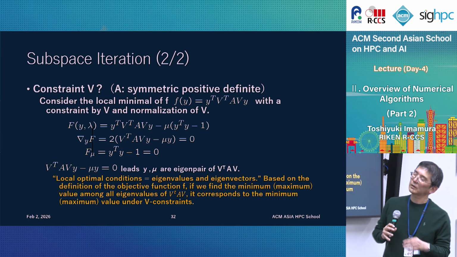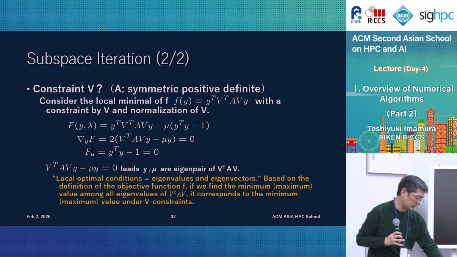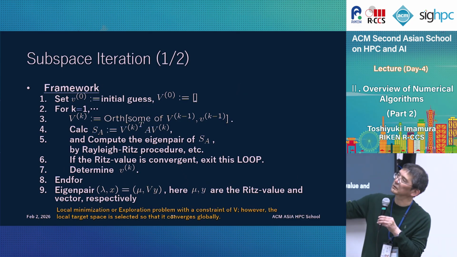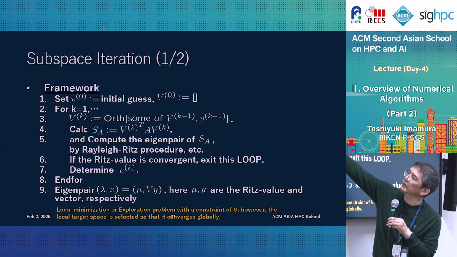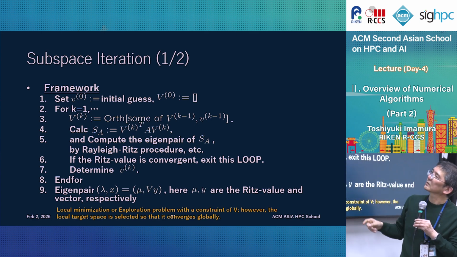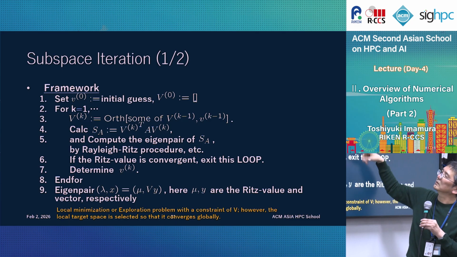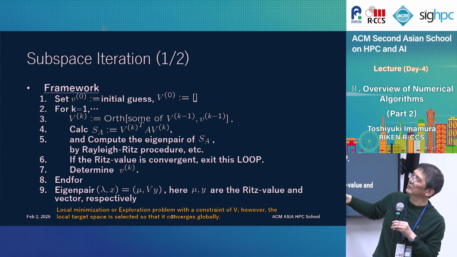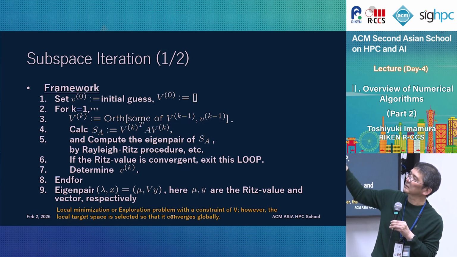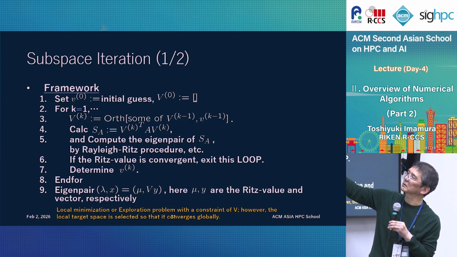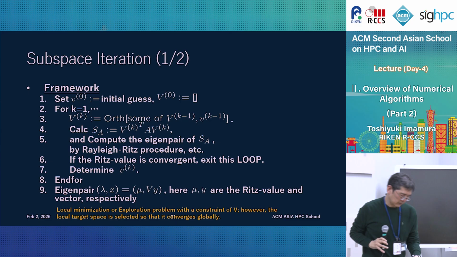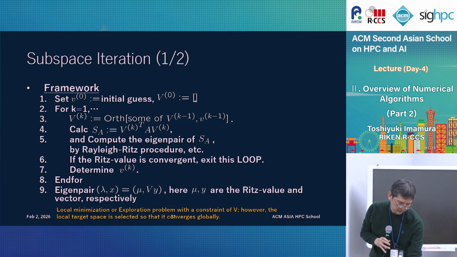But also, okay, the significant part is here. So step 4, step 5. The sub vectors are included in a small linear space.